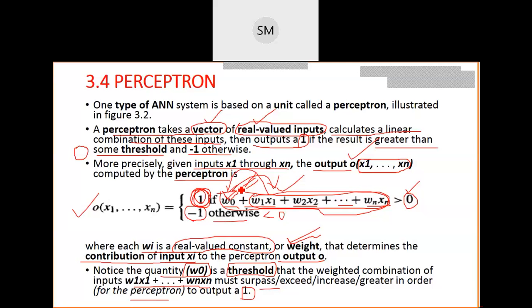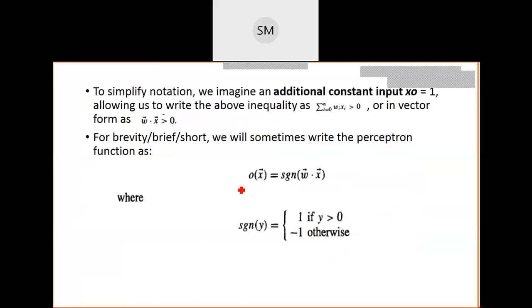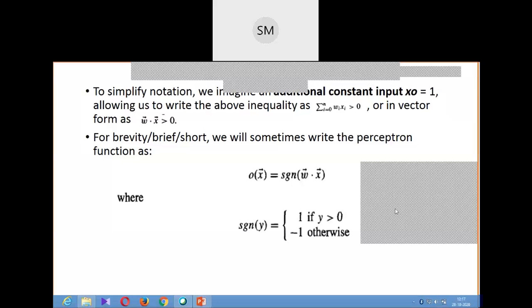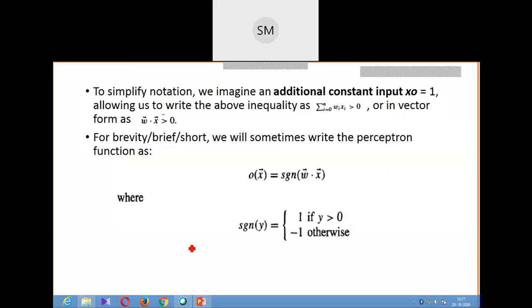Then, to simplify our notation, whatever equation I wrote just now for the output of our perceptron, O of x1 to xn, instead of writing that lengthy expression, we can make it a short notation.